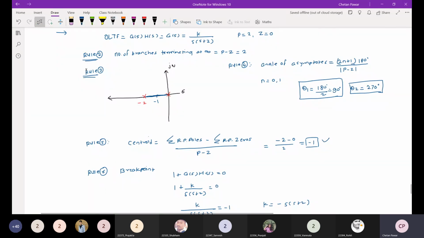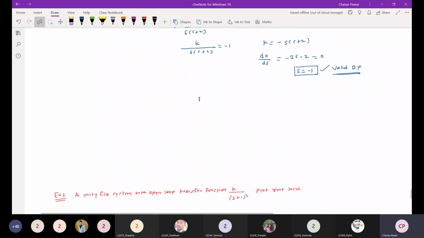The entire root locus. So now I will just draw the asymptote.